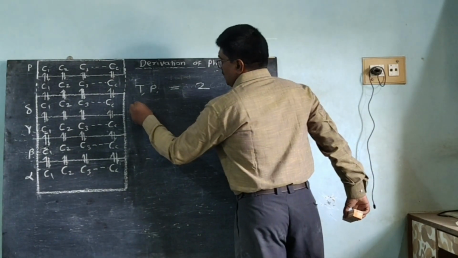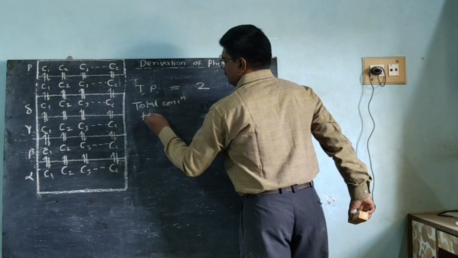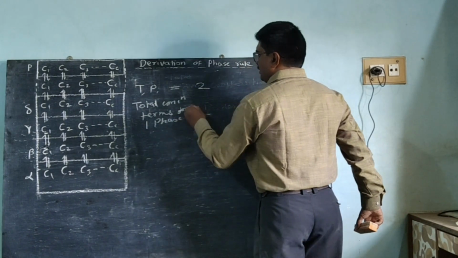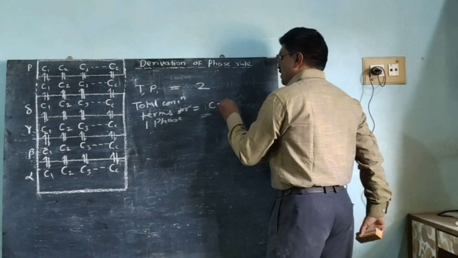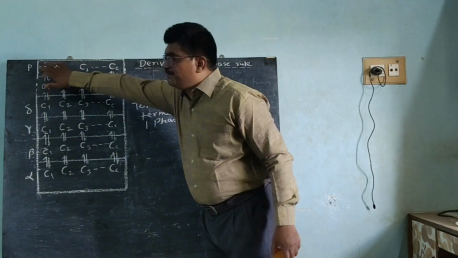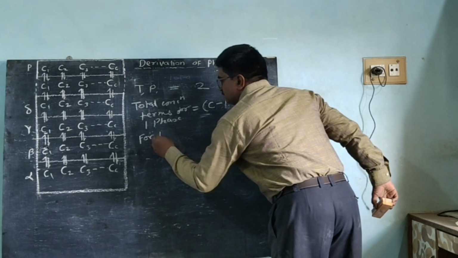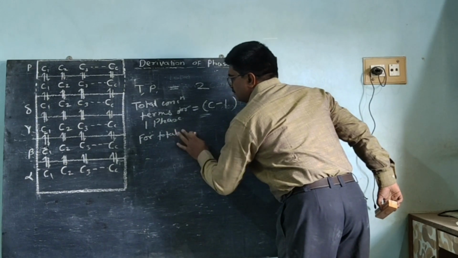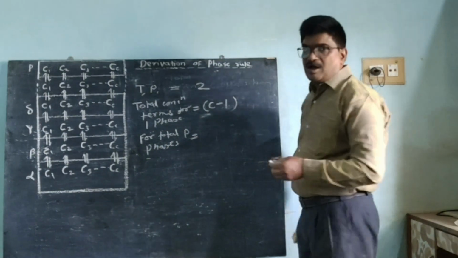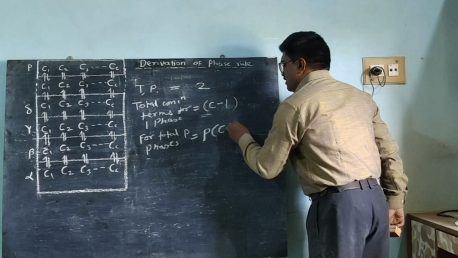So the total concentration terms for P phases will be P into C minus 1 terms.